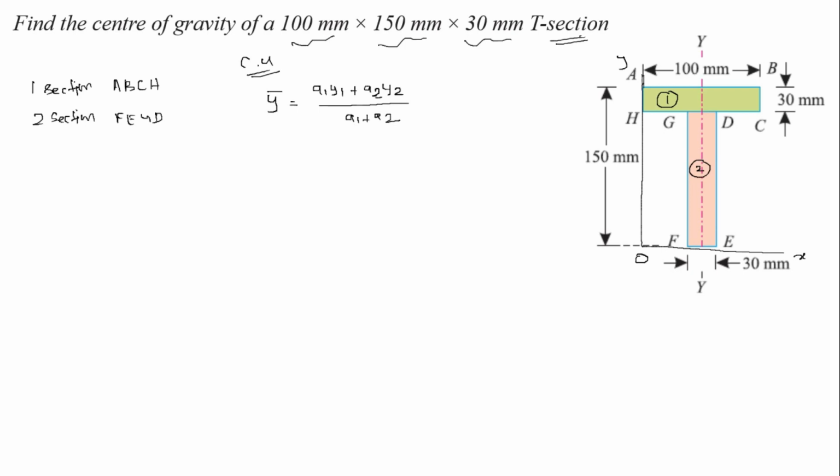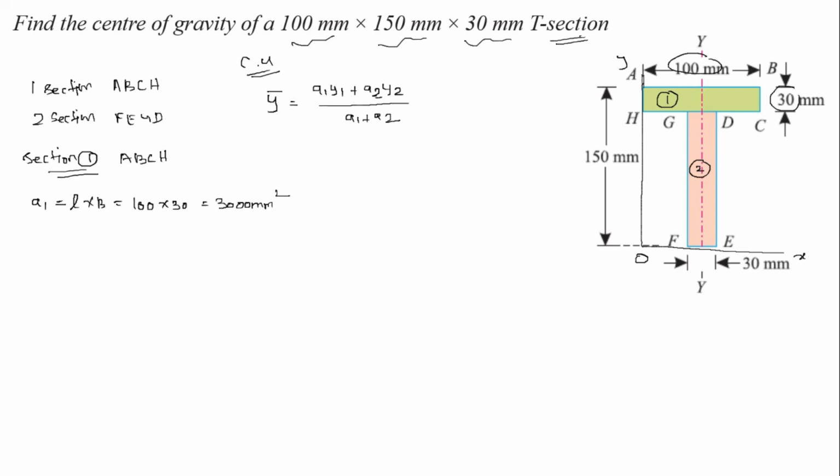So, for section 1, first we have to find section 1, A, B, C, H. First we have to consider this section 1. So, we have to calculate A1 which is equal to, what is the formula? L into B, L is equal to 100, B is equal to 30, right. So, L into B is 100 into 30, which is equal to 3000 mm squared.